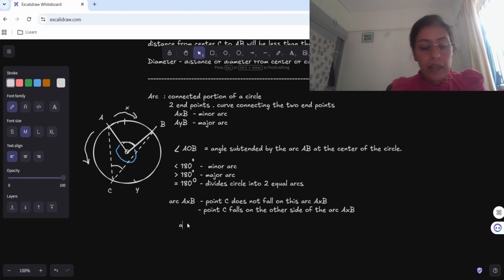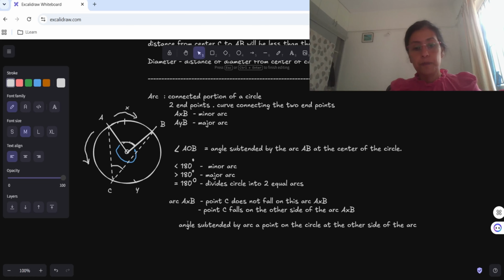This will be the angle subtended by the arc at a point on the circle at the other side of the arc, because it is a point on the circle, but it is on the other side of the arc.